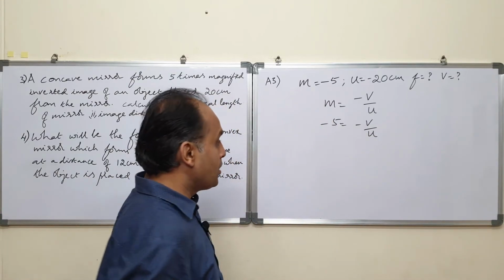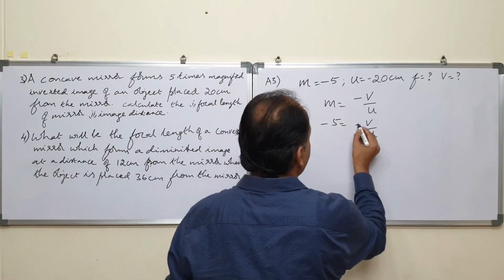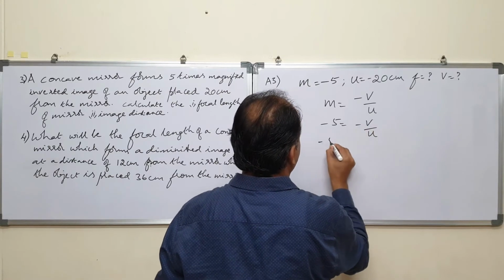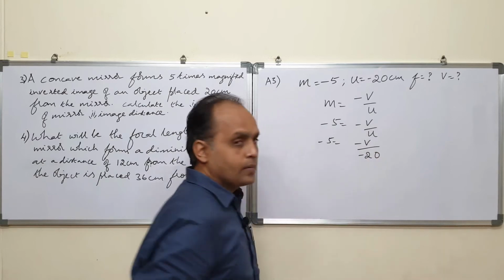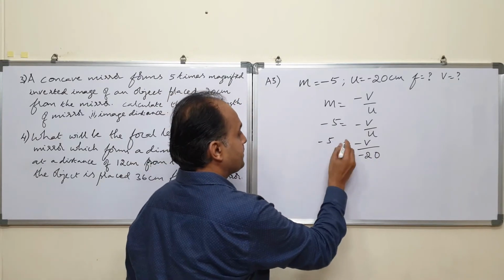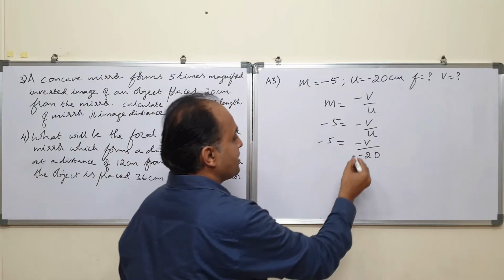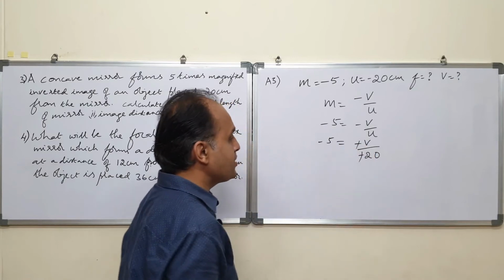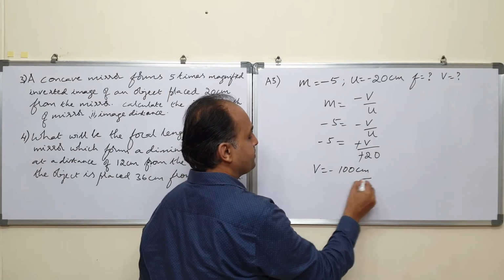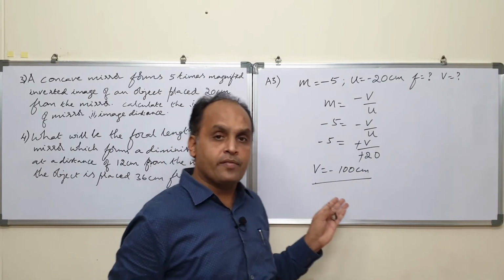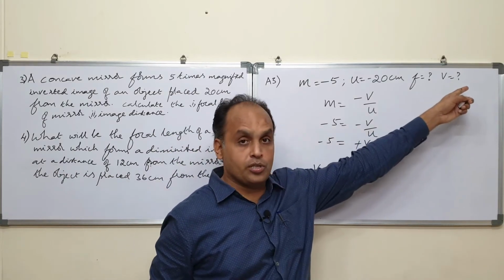So minus 5 is equal to minus v by minus 20, and we cancel this minus and this minus, so we will get v as minus 100 centimeters. So we got v already, which is asked in the question.